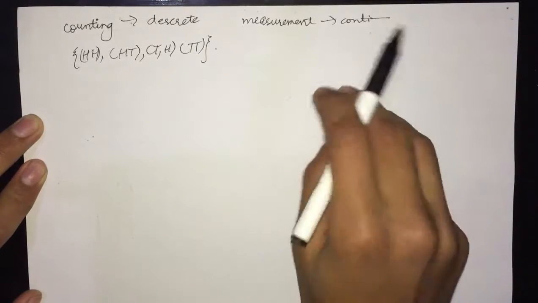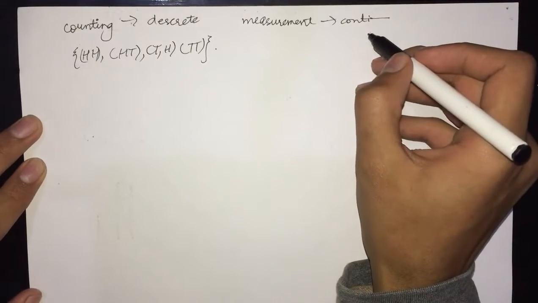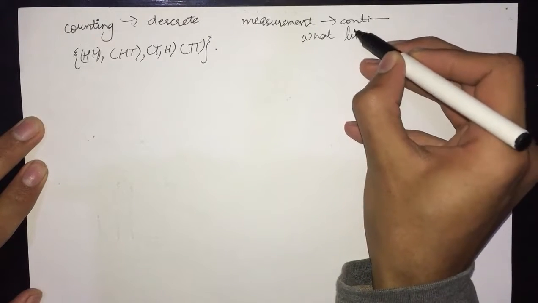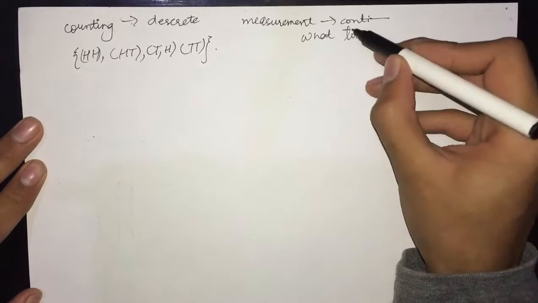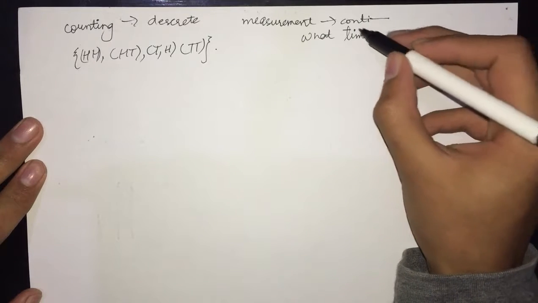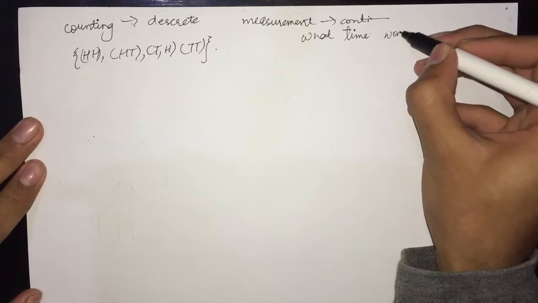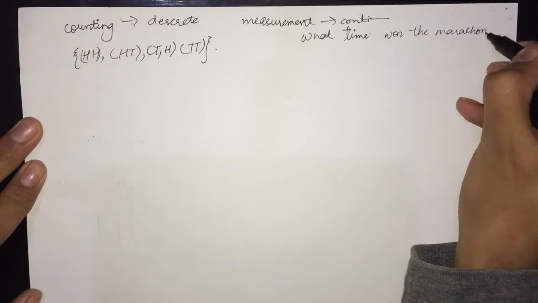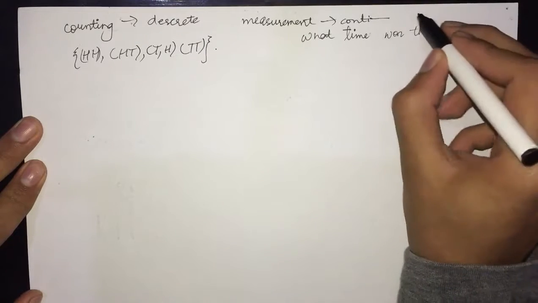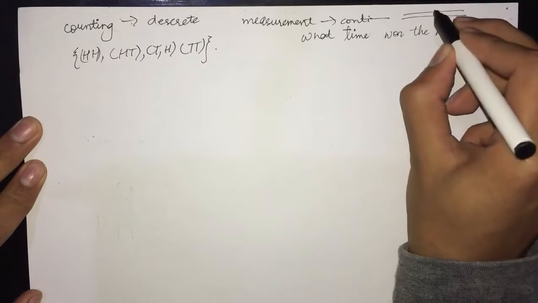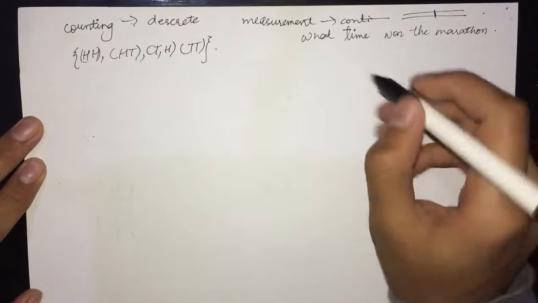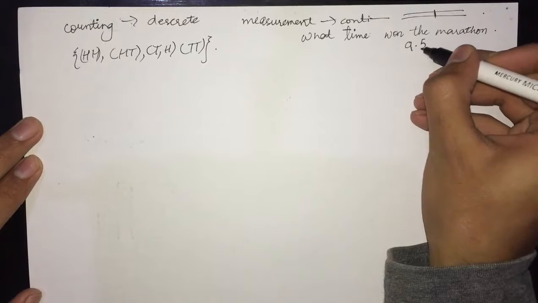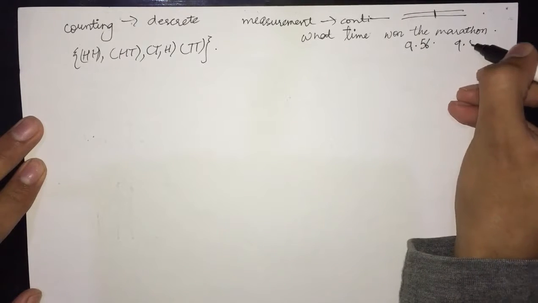But in a continuous random variable, for example, if I ask what was the exact time Usain Bolt took to cross the winning line, most of you will think that's a discrete variable, because you'd say, for example, 9.56 seconds or 9.57 seconds.